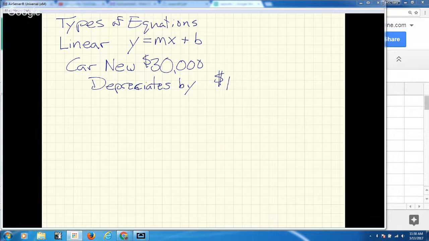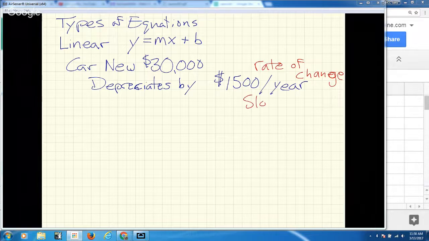So let's suppose it's going to drop by $1,500 per year. And this $1,500 per year, that's a rate, and technically it's called a rate of change for this situation. And rate of change is another phrase that means slope. And that is what the M refers to here.